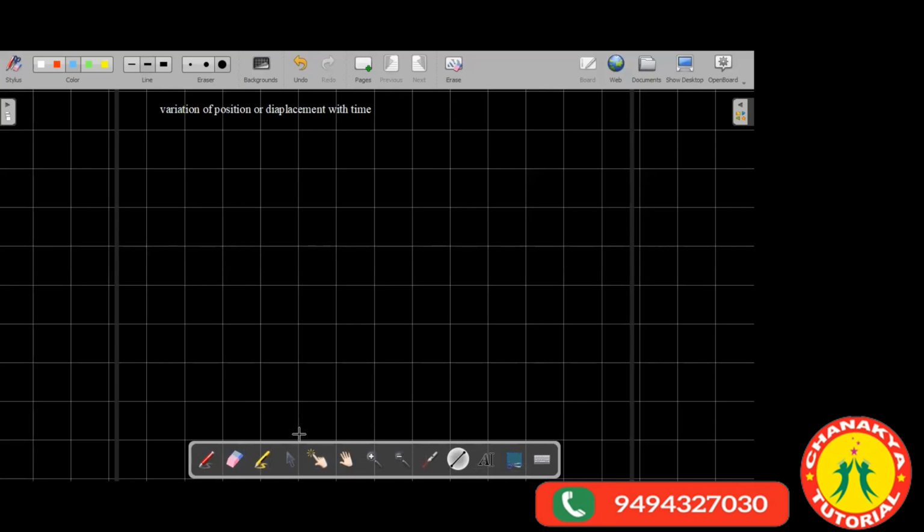Let us plot our position on the y-axis and take time on the x-axis. We can have different graphs here.